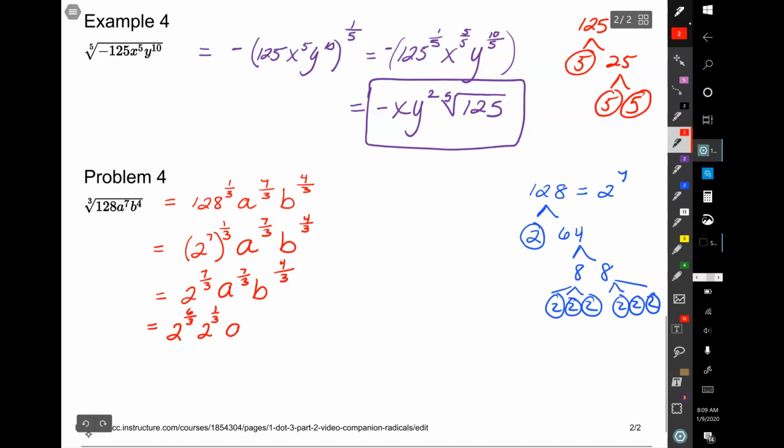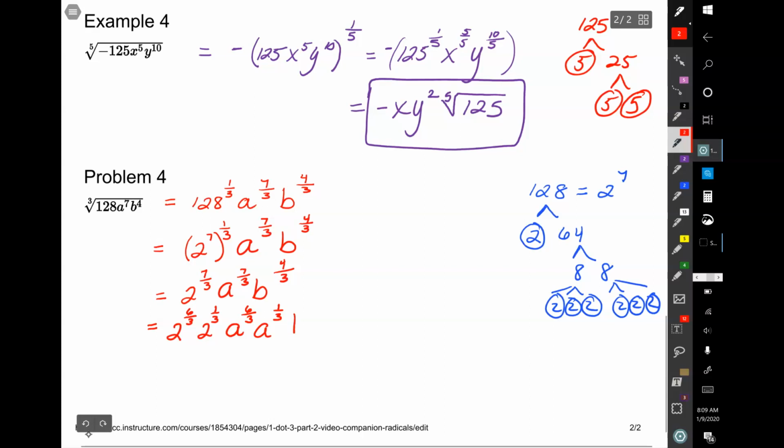Same for a, that could be a to the 6/3 times a to the 1/3. And by using my exponent laws, I would keep my base, add my exponents. 6/3 plus 1/3 would give me that 7/3 back. So I can just do a double check there.